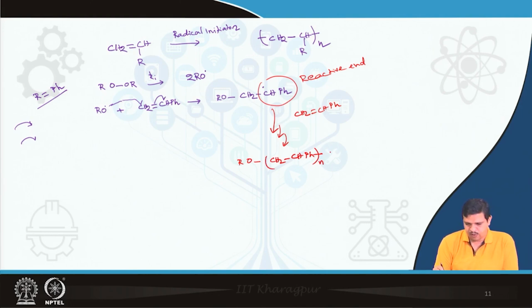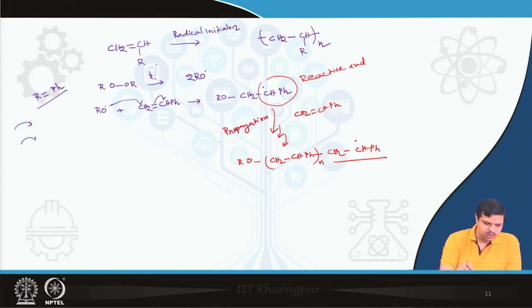And still you see that this is my monomer. This is my polymer with a still active end. So, this is the active end. This is the propagation step, this is the initiation step.